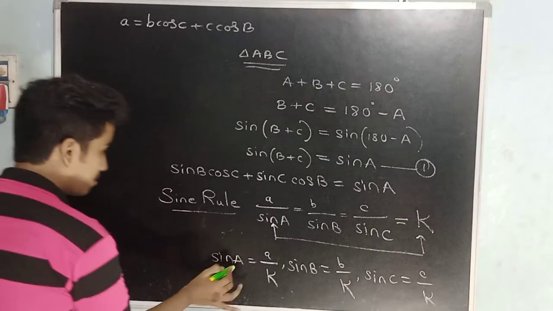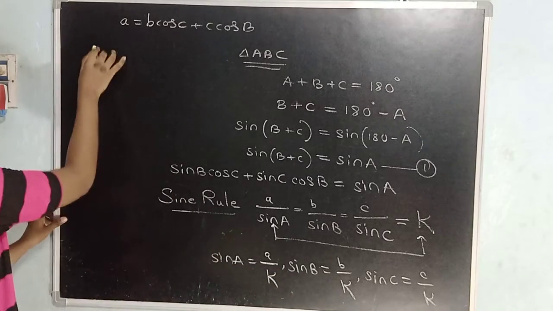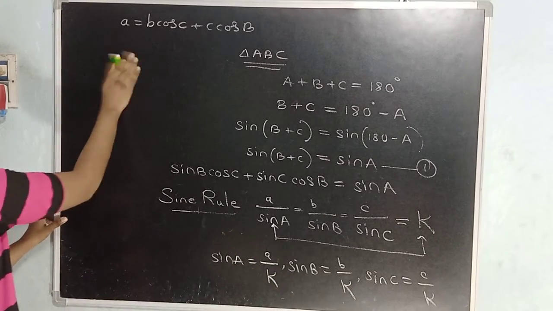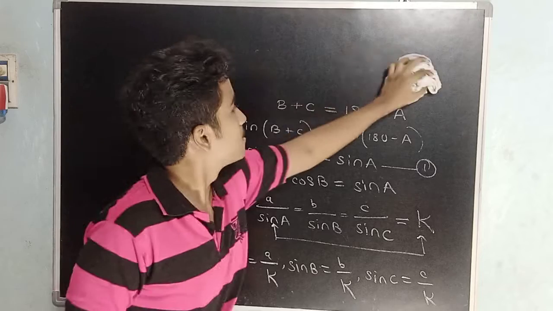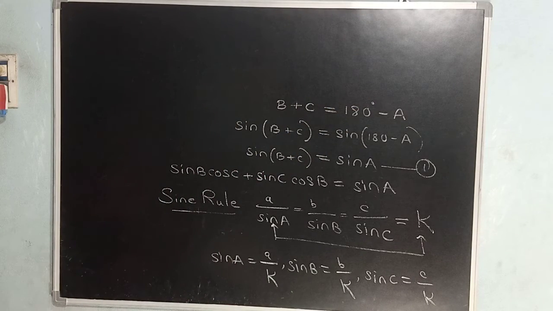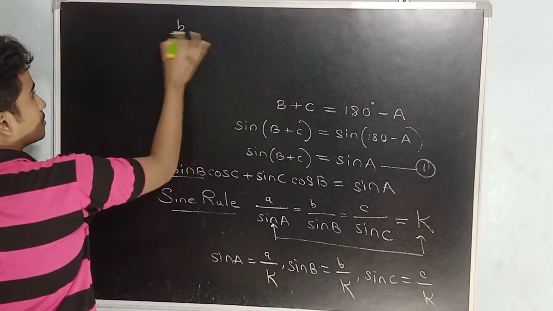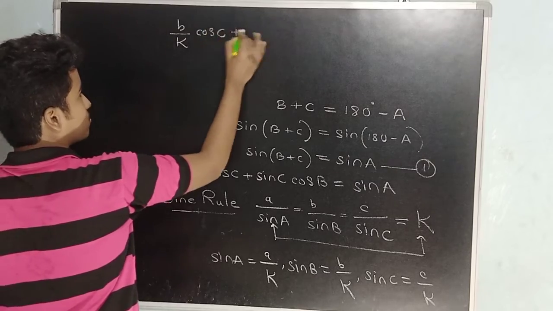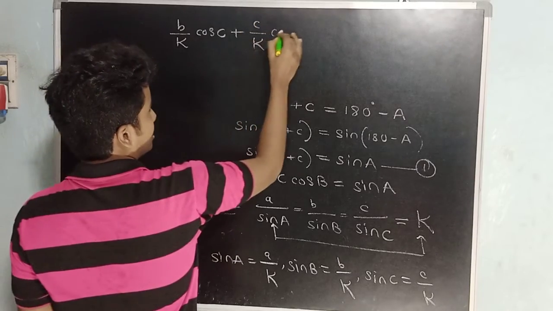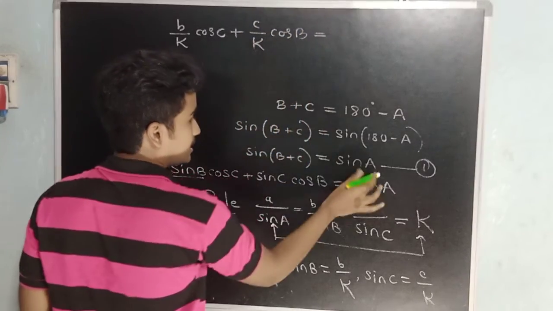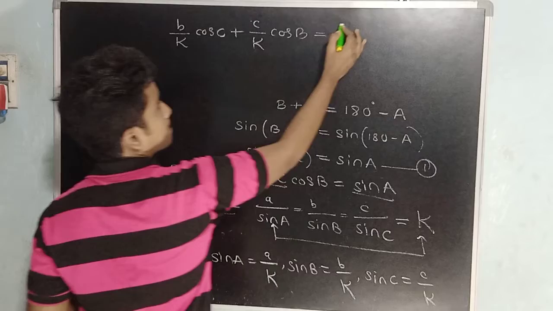Okay. What I am going to do? I am going to substitute these three in this equation. Sin B is nothing but b by k, into cos C, plus sin C, which is nothing but c by k, into cos B, is equal to sin A, which is nothing but a by k.